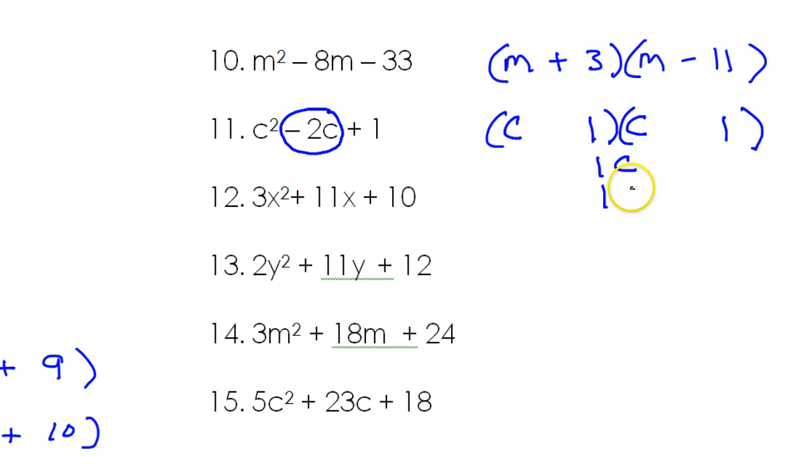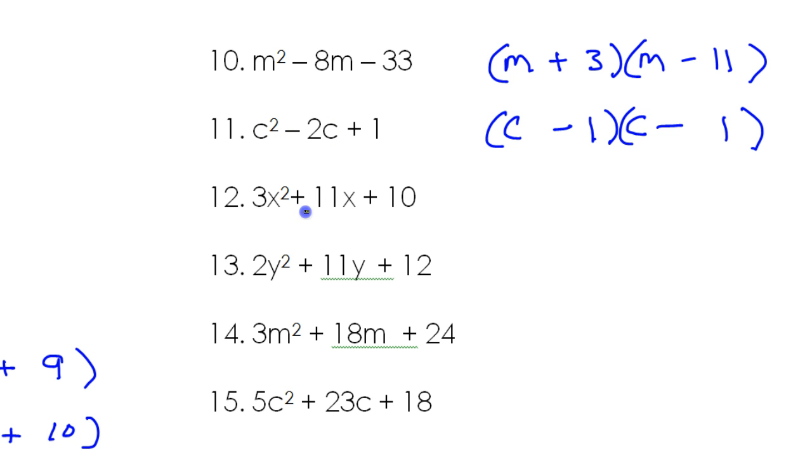Outer, I have 1c. Is there any way I can choose the signs so that it would make negative 2c? Sure, if I had a negative 1 and negative 1, that would make negative 2c. So negative 1 and negative 1. Will that give me a positive 1 here? Yes, negative 1 times negative 1 is positive 1.